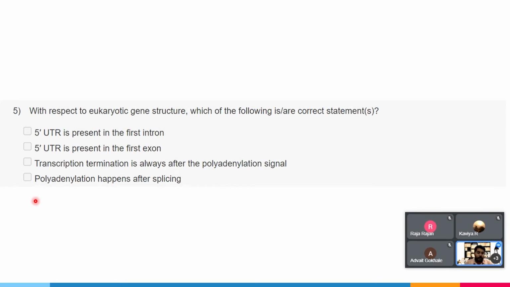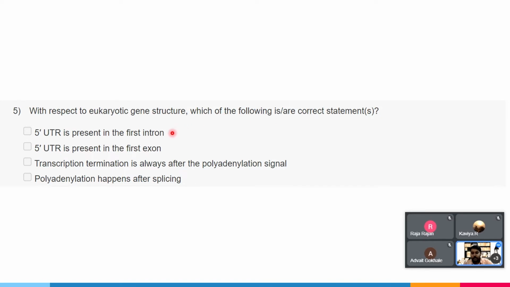Next, we brush up on our molecular biology a bit and look into the structure of genes. This question is particularly important to anyone who is trying to go for higher education, because in most interviews you will be asked a question similar to this. The question is: with respect to eukaryotic gene structure, which of the following is or are correct?